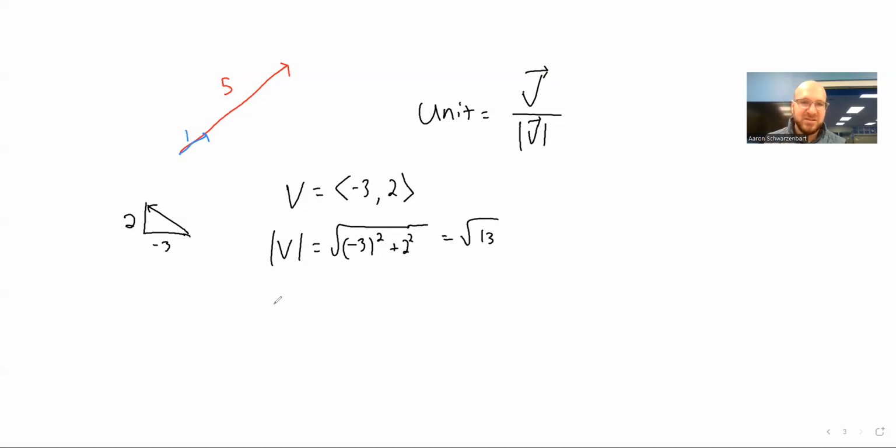That doesn't reduce. So my unit vector, I take the two components and I divide them by the magnitude. And that's a unit vector.